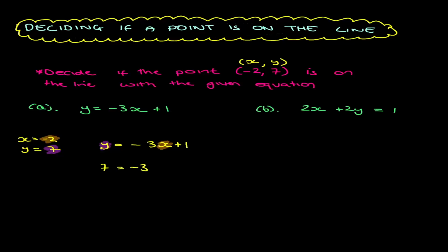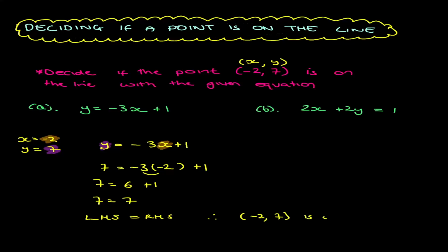Then we've got -3 times x, which is -2, plus 1. -3 times -2 is 6, so we've got 6 plus 1, and 6 plus 1 is 7. So the left-hand side equals the right-hand side. Therefore, the point (-2, 7) is on the line.